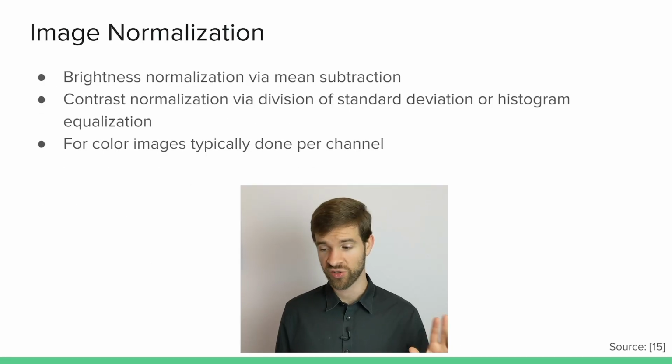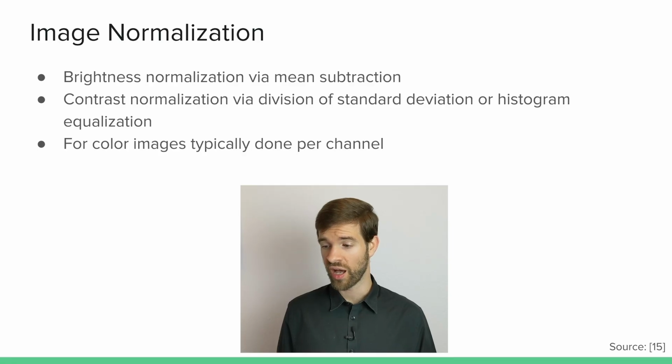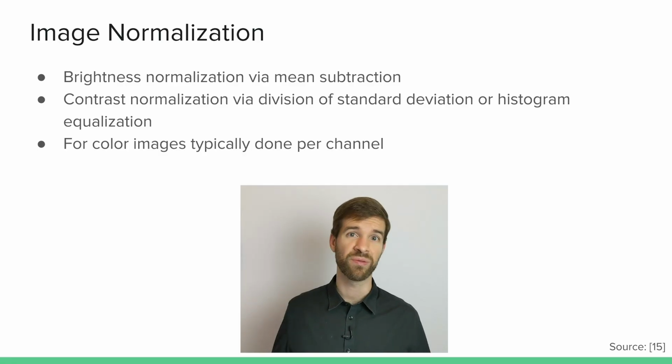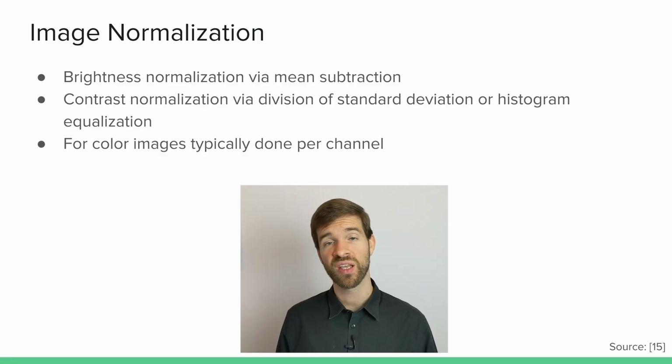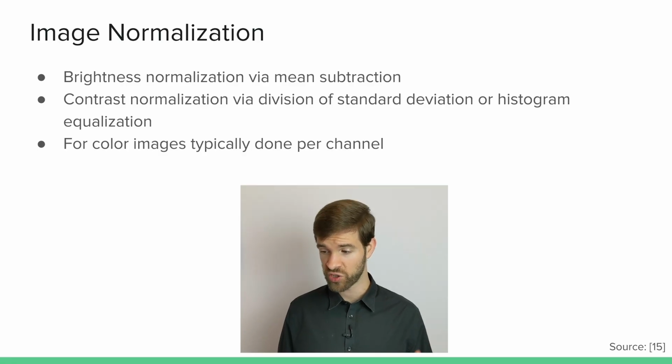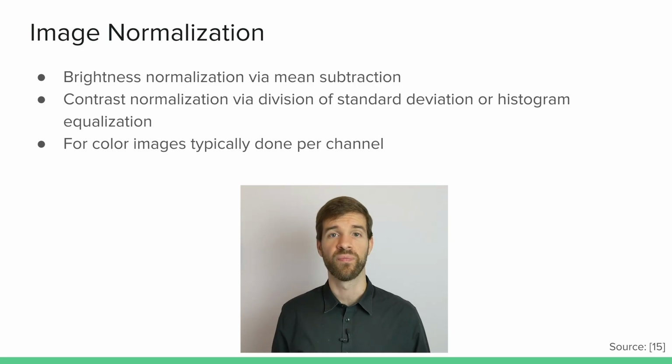Image normalization, let's talk about how you can actually implement what I've just shown you. Brightness normalization can be done by mean subtraction, so you just compute the mean brightness of all your samples and then subtract it. Contrast normalization is done by division by the standard deviation, or you can do histogram equalization to take a look at the histogram and try to even that out.